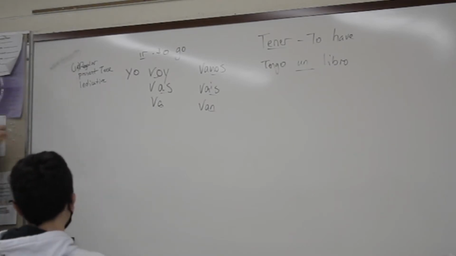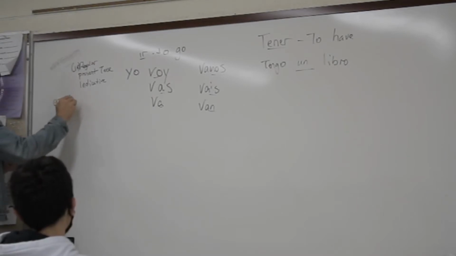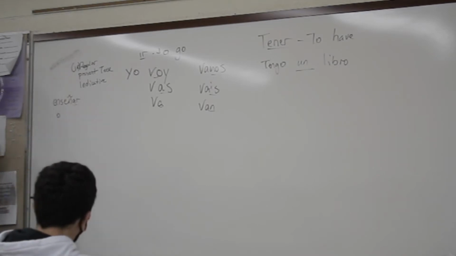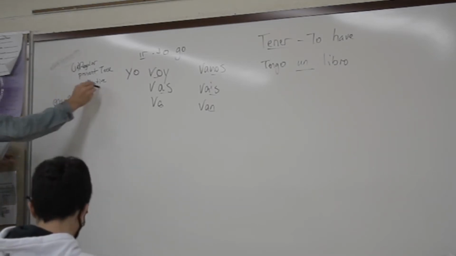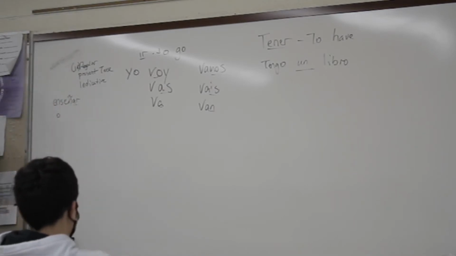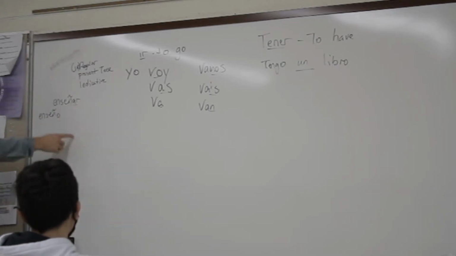So if I wanted to say that in Spanish, enseñar is the verb to teach. It's an AR verb. So my ending for present tense, indicative, right now, simply indicating what's happening, is enseño. Okay? Because it's a regular AR verb, you replace the AR with an O. Okay?